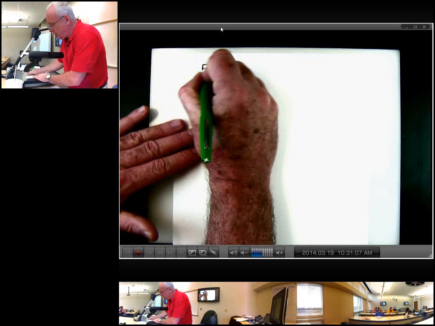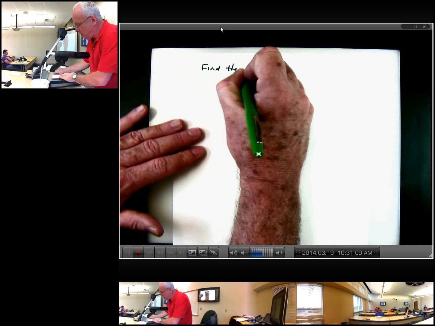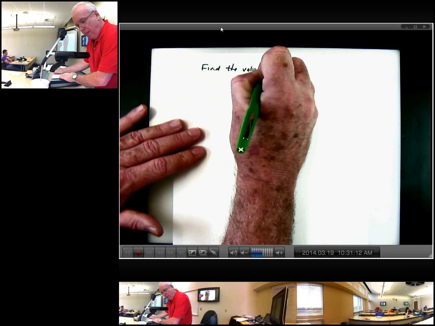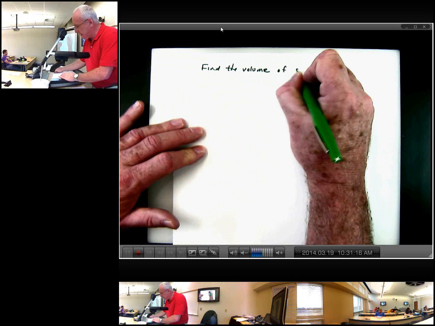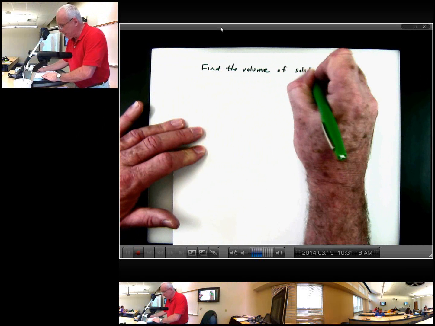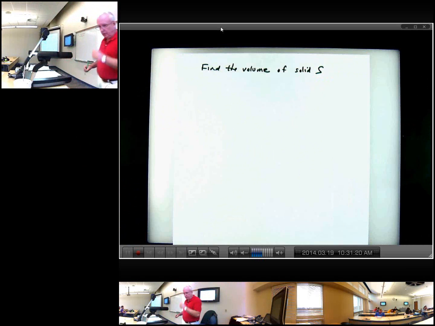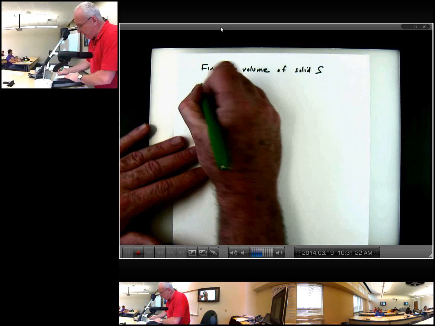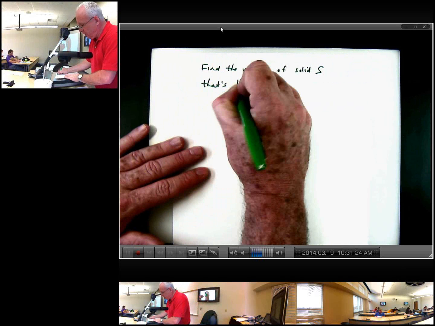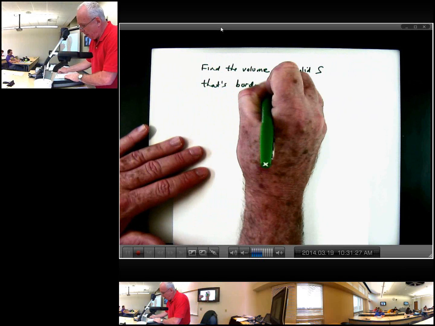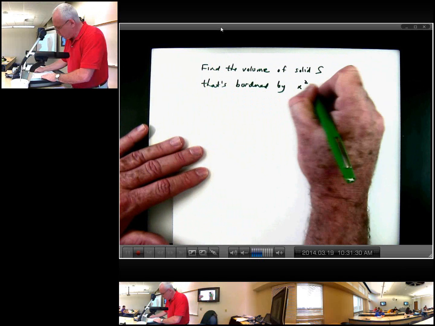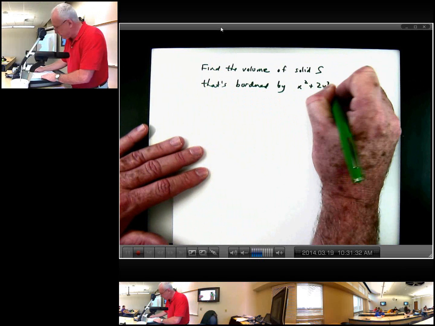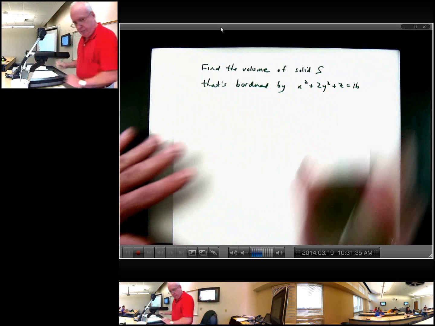Find the volume of the solid, we'll call it capital F, that's bordered by x squared plus 2y squared plus z equal to 16.